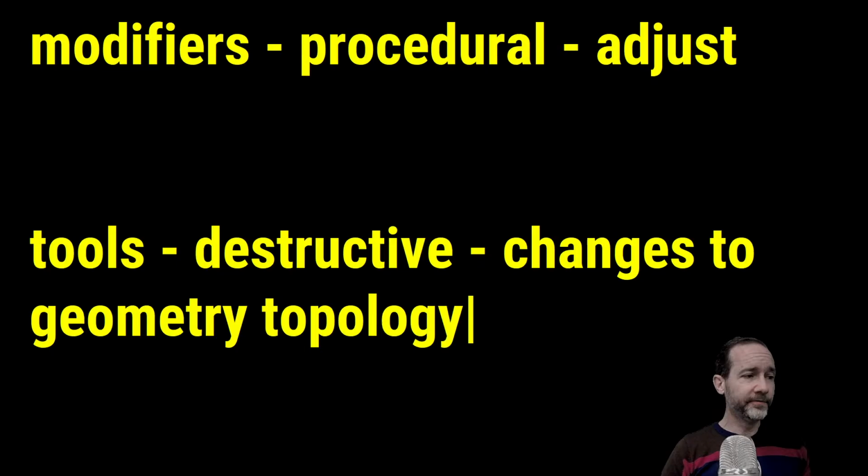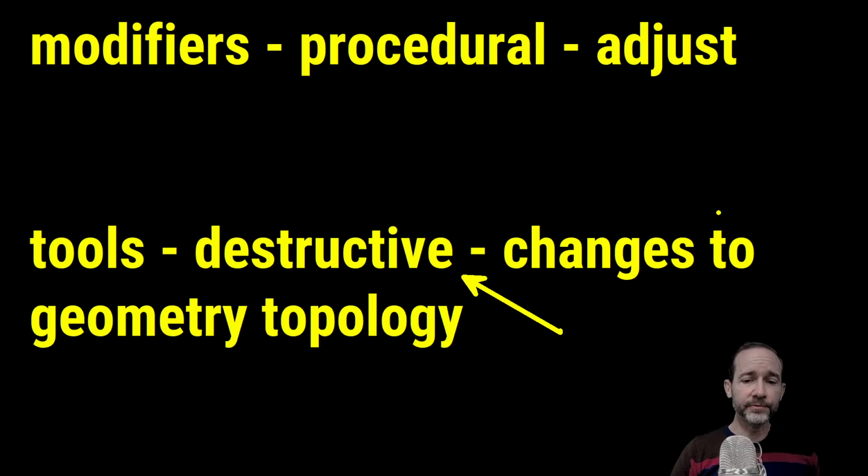The word destructive makes it sound like, why would I ever want to use tools? Why not just use modifiers all the time? Because of the sort of negative connotation that the word destructive has. I'm telling you this word because it's the vocabulary that's used when people are discussing these kinds of things. This is the destructive way to do the kind of work, and you're permanently changing the bits, the storage of the whole thing.